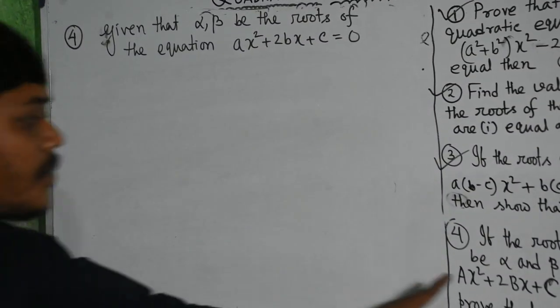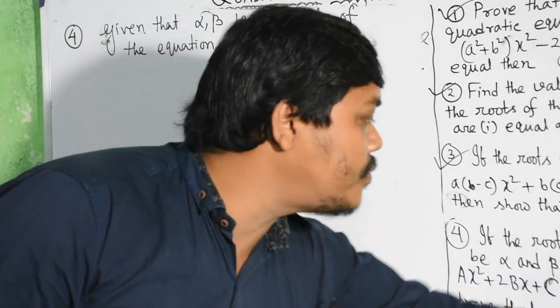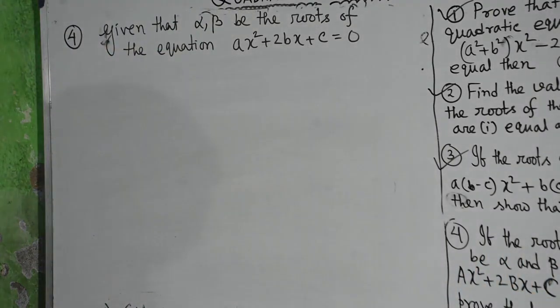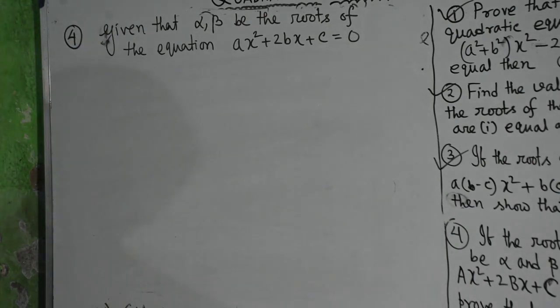So if the roots of the equation ax square plus 2bx plus c equals to 0 be alpha and beta, that's why I have written given that alpha, beta be the roots of the equation ax square plus 2bx plus c equals to 0.